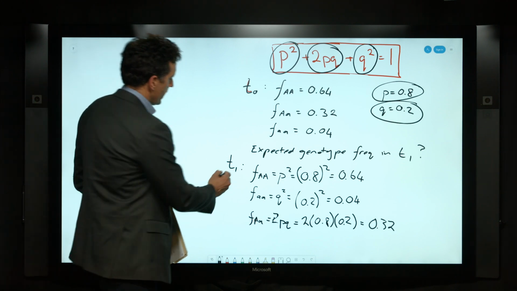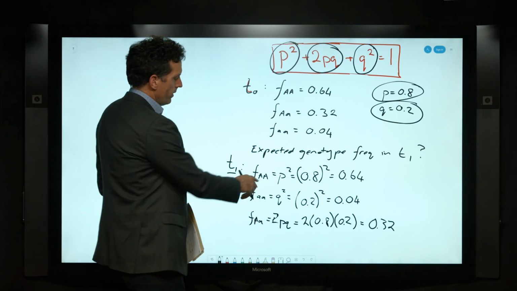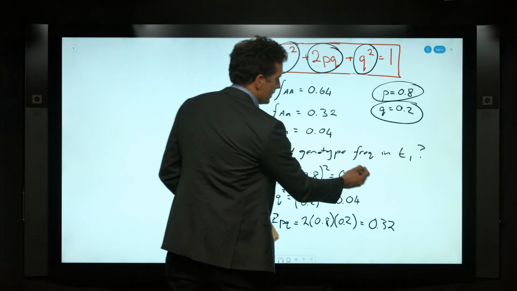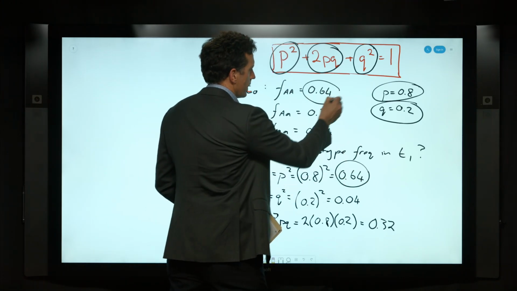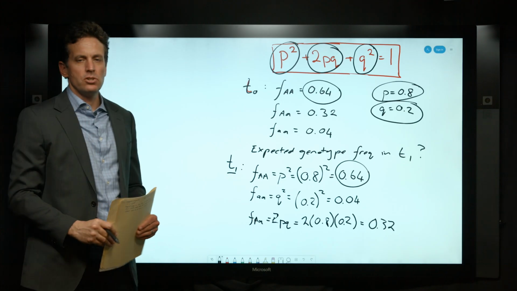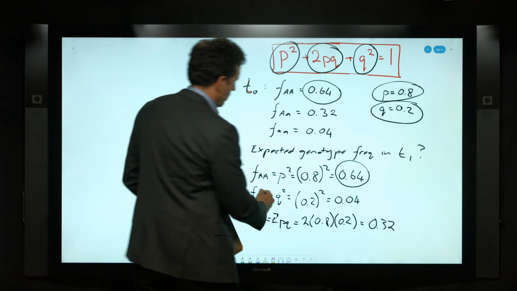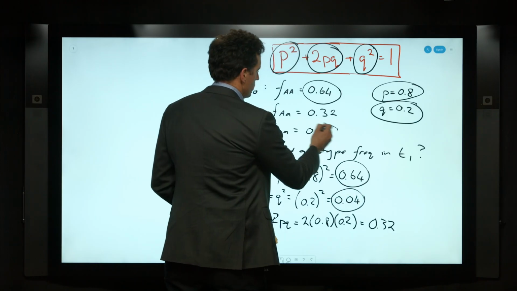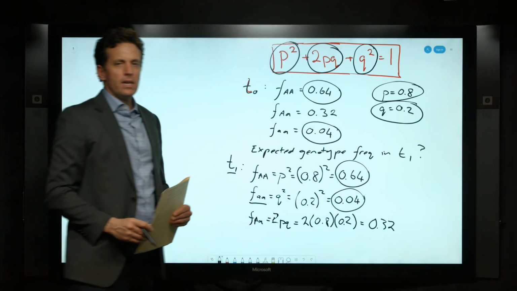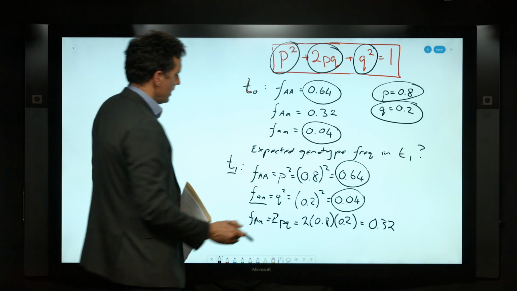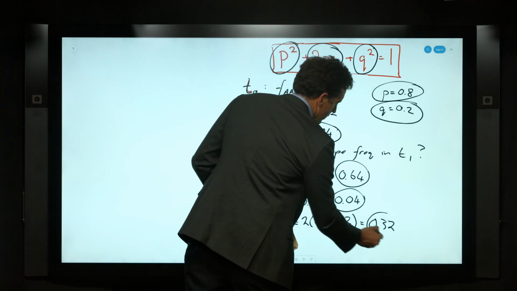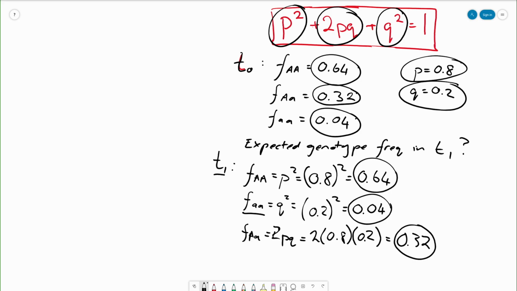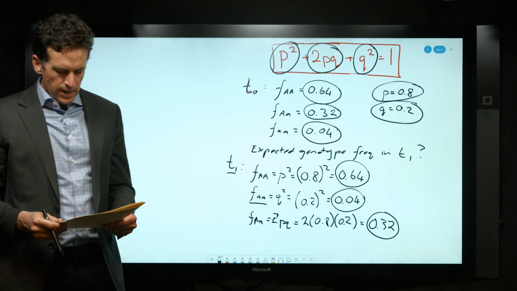And what we see is that in the next generation, the frequency of the big A homozygote is 0.64, which is exactly what it was in the initial generation. The frequency of the little a homozygote is 0.04, which is exactly what it was in the current generation. And the heterozygote big A little a is 0.32, which is exactly what it was in the current generation.